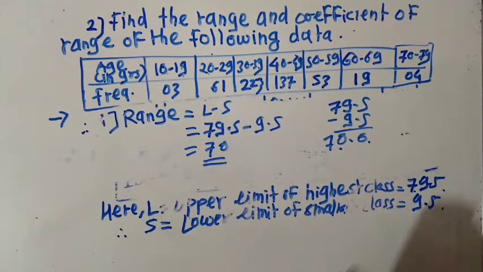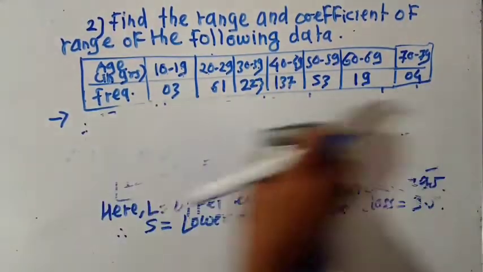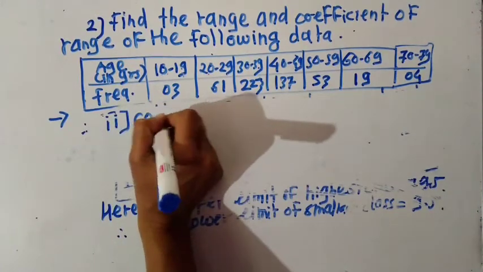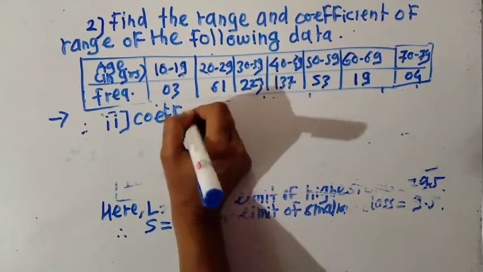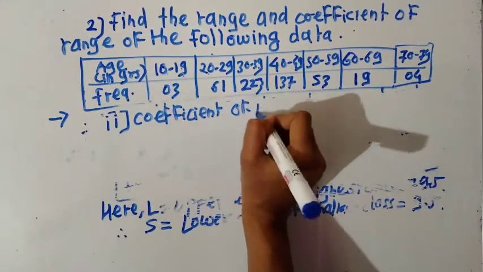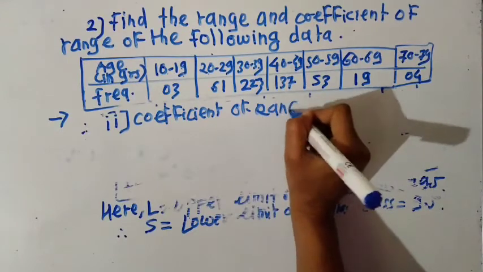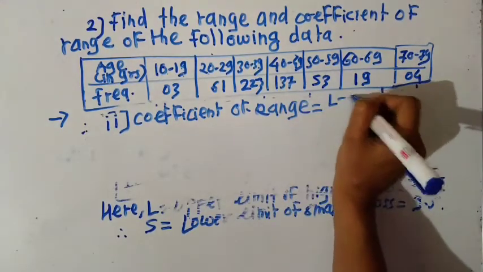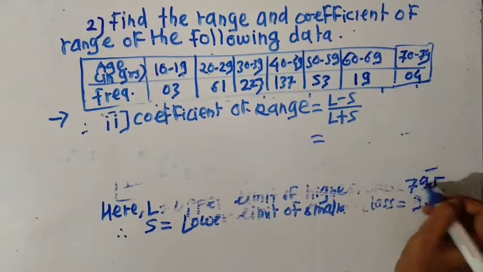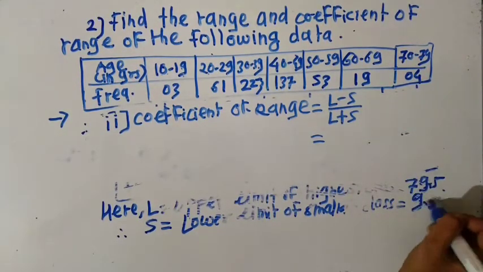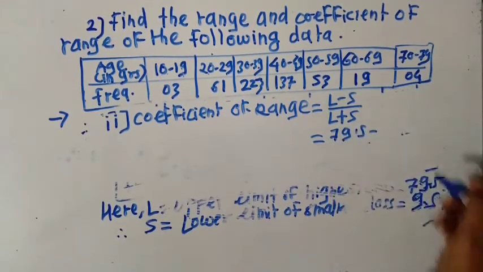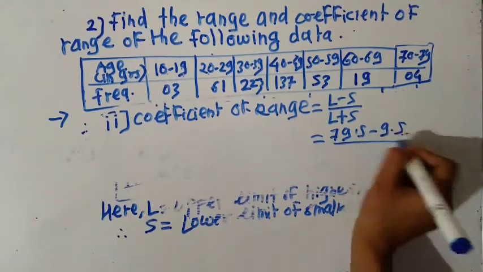And second, we find out the coefficient of range. Coefficient of range is equal to L minus S upon L plus S. Here L is 79.5, S is 9.5.